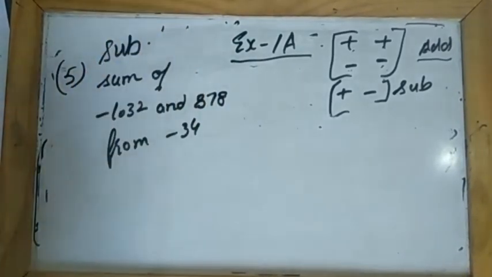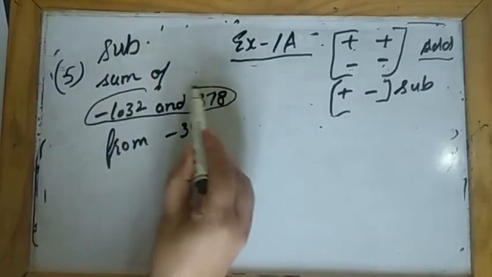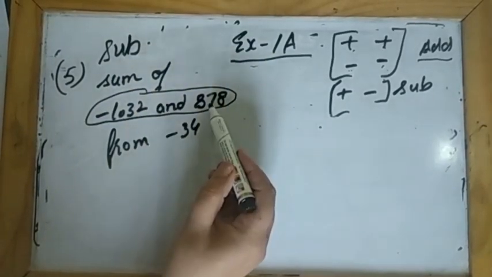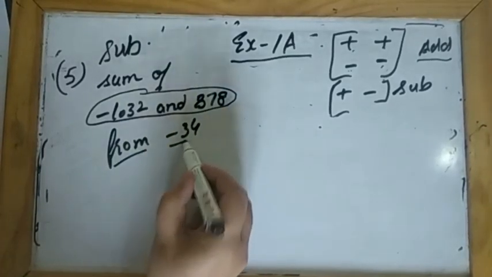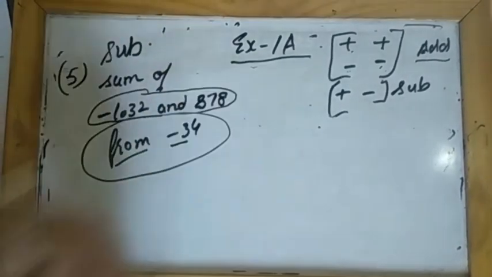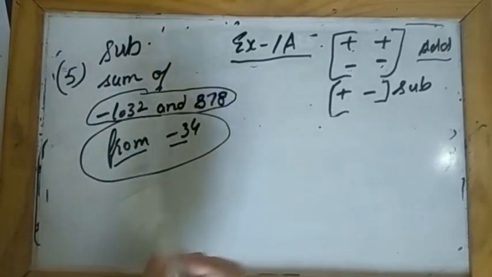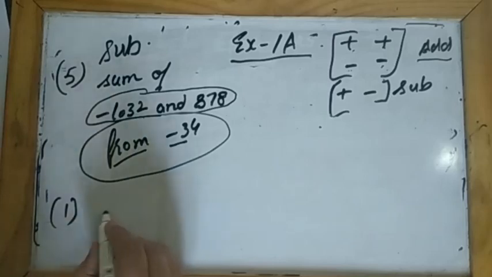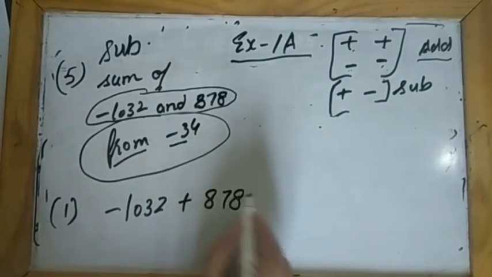Now I have to subtract the sum of these two numbers. It means I have to add these two numbers, and whatever answer I will get, I have to subtract from minus 34. So there are two steps in this. First of all, I'll get the sum of this. So it means I have to add minus 1032 and 878.